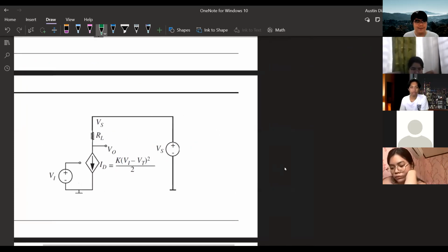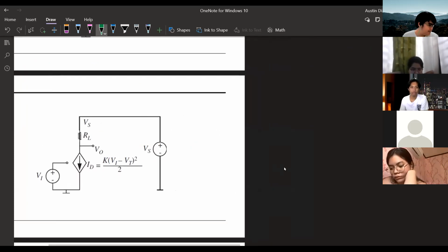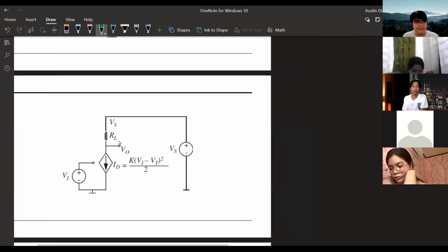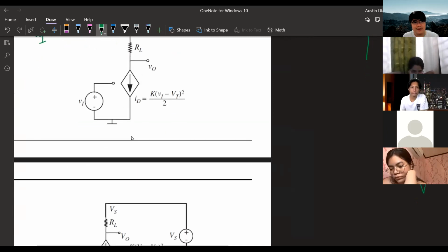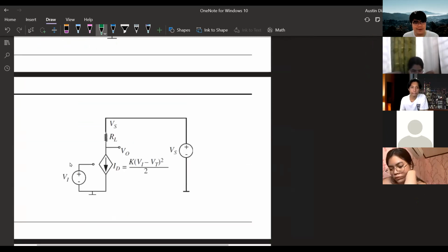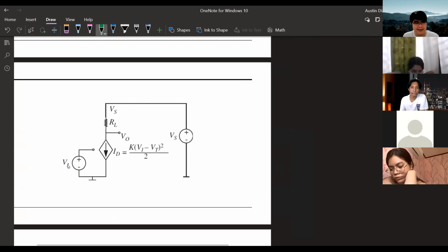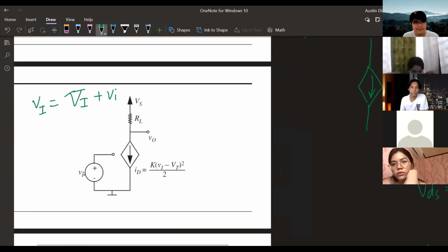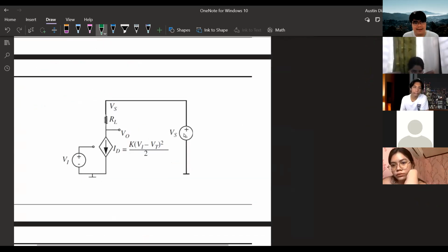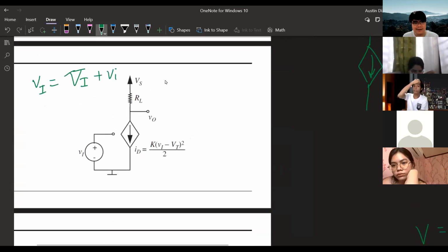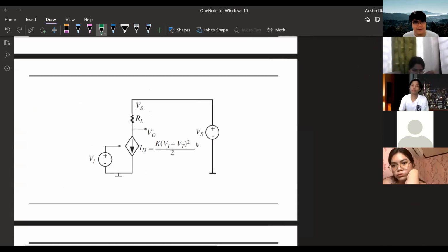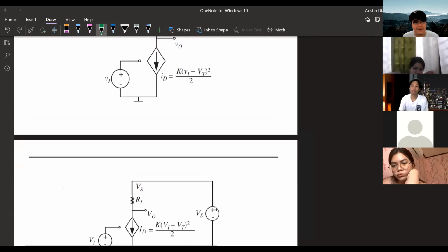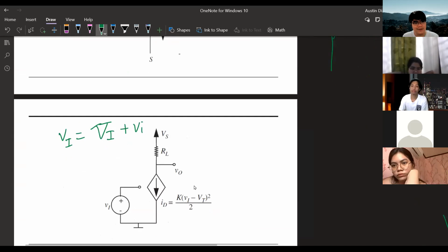Okay. So with this, itong circuit ko, itatransform ko muna such that everything is in the large values. So VI becomes capital VI dahil nga ganito. And then VS, yung katuloy nito, di ba may source dyan? So capital VS. Okay. So si VS naman ay constant, so VS lang talaga siya.